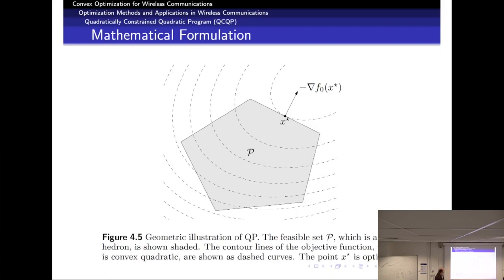And you're looking at the feasible point that is such that you minimize the objective function f0. And so what you do is that you imagine this polyhedron, and those level curves are like a ball. It's literally like a ball.